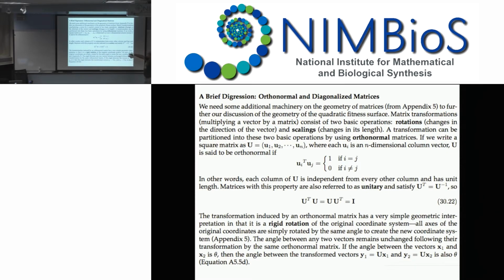However, if you look at the interaction of two different columns, their inner product is 0. Vectors with inner product of 0 means they're at right angles to each other. So this is a matrix whose each column has length 1, but the columns are at right angles to each other. And when you have such a matrix, it's called unitary.